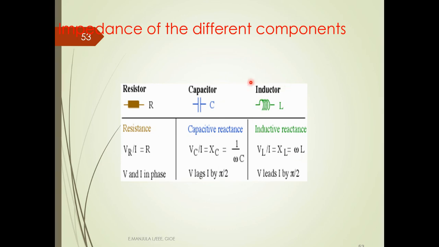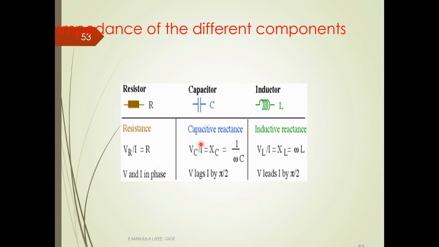So here are the impedances of the different components: resistor R, inductor L, and capacitor C. For resistance, VR divided by I is equal to R, and V and I are in phase.